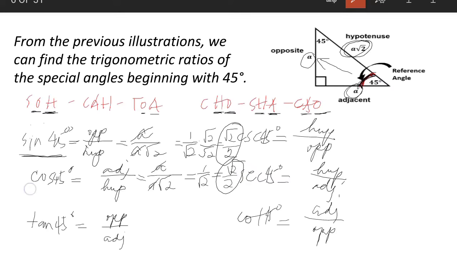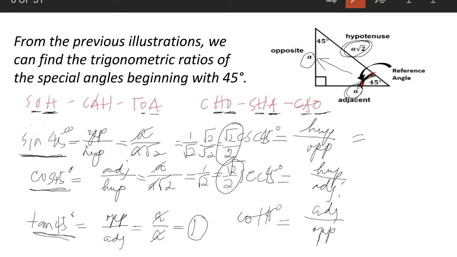So the value of cosine 45 degrees is the same as sine 45 degrees. They are both square root of 2 over 2. How about tangent 45 degrees? The opposite is A, and the adjacent is also A. If we cancel out A in the numerator and the denominator, the final answer is 1. So tangent 45 degrees is equal to 1.